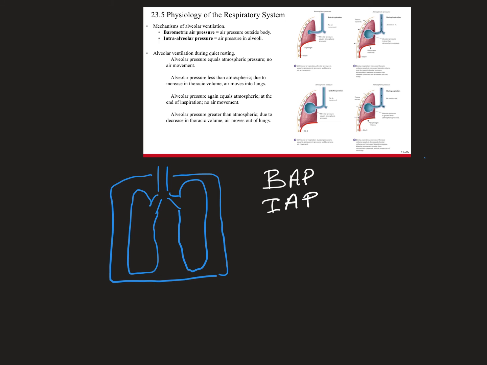Okay? Where would I measure barometric atmospheric pressure? So that's just outside the body. Yes, it is outside the body. Where would I measure intra-alveolar pressure?